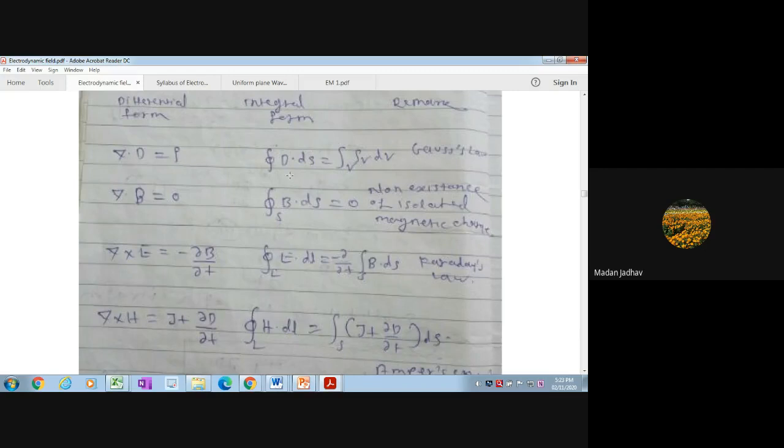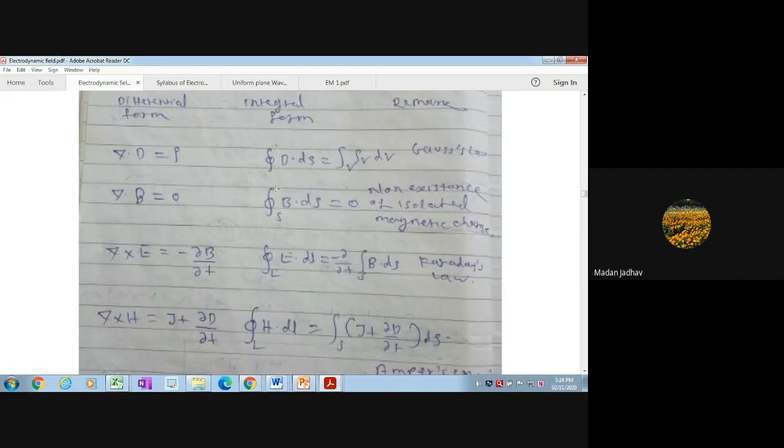The total electric flux through the closed surface is equal to the volume integration of volume charge density, and that is nothing but the total charge enclosed by that closed surface. This is also the meaning of this integral form, and D is also varying with respect to time.